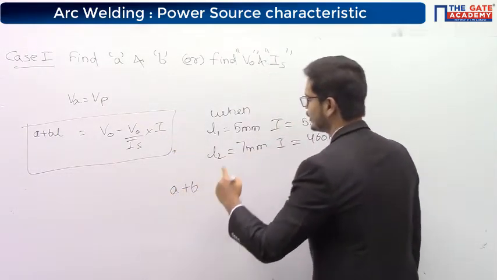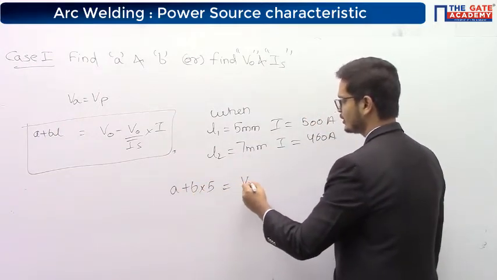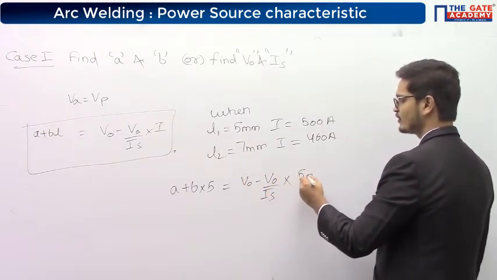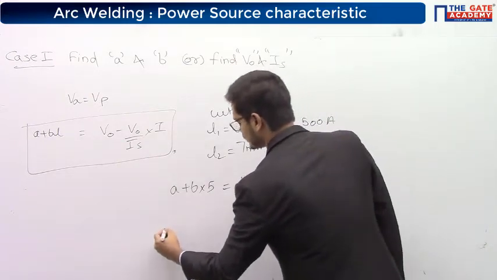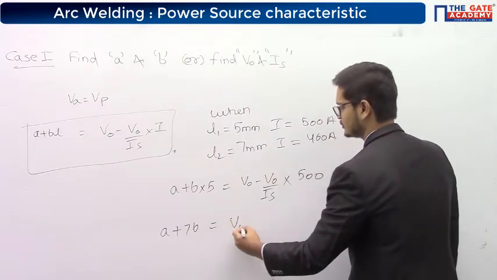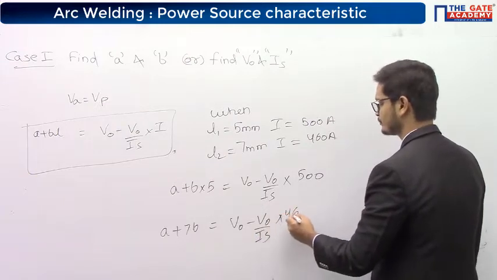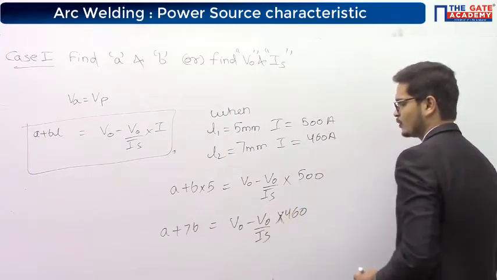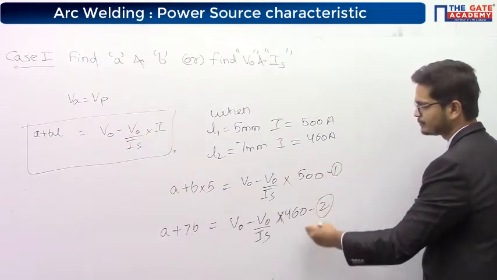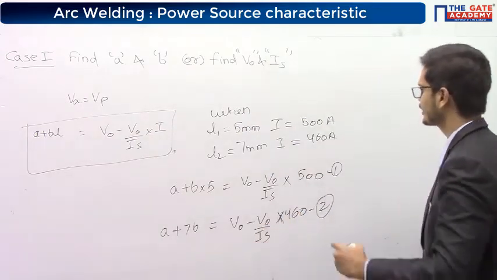A plus B into 5 is equal to V0 minus V0 by IS into 500. Then A plus 7B is equal to V0 minus V0 by IS into 460. So we have equation 1 and equation 2. Let us subtract equation 1 from equation 2.